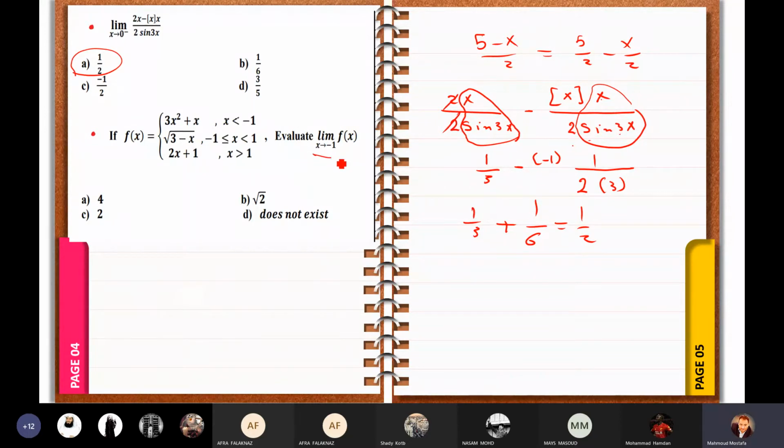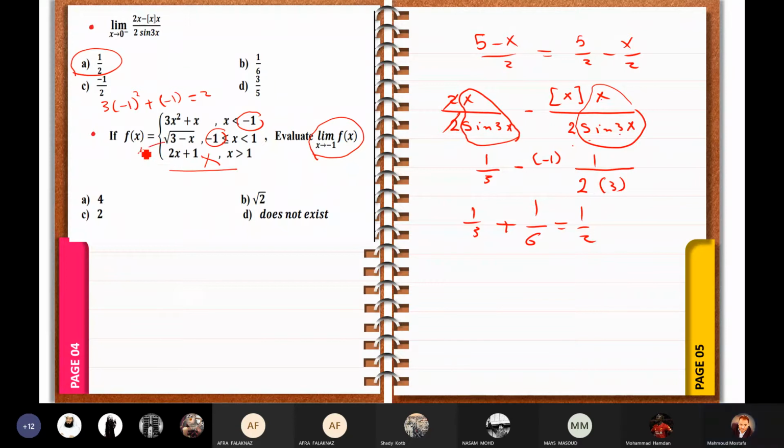Okay, here he needs to evaluate the limit of f of x when x approaches negative 1. Negative 1, where? Here. What about this one? It doesn't matter, because we are just looking at x approaches negative 1. So substitute here by negative 1. It will be 3 multiplied by negative 1 squared plus negative 1, equals 2.